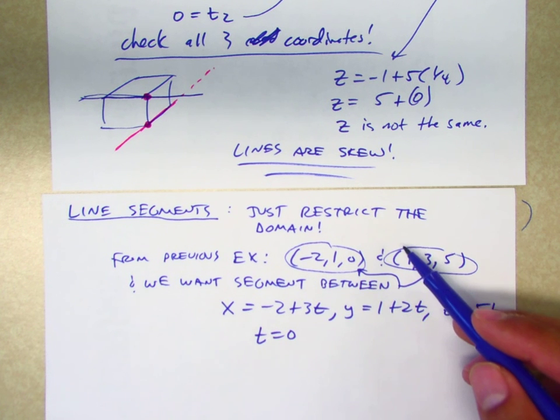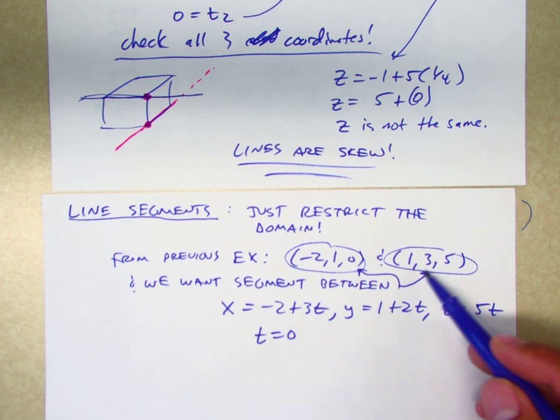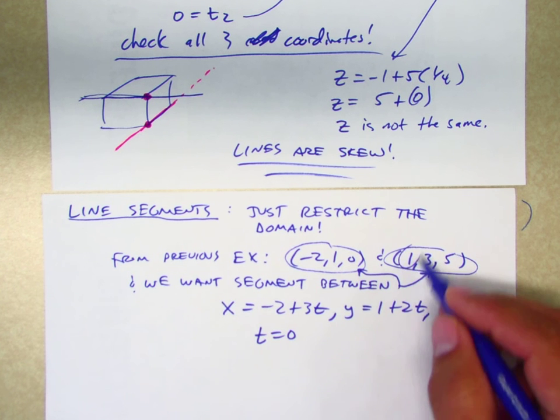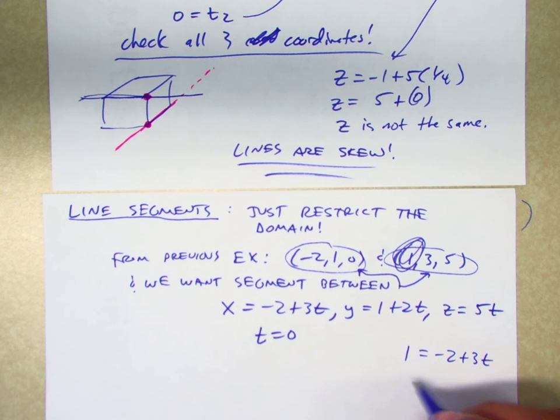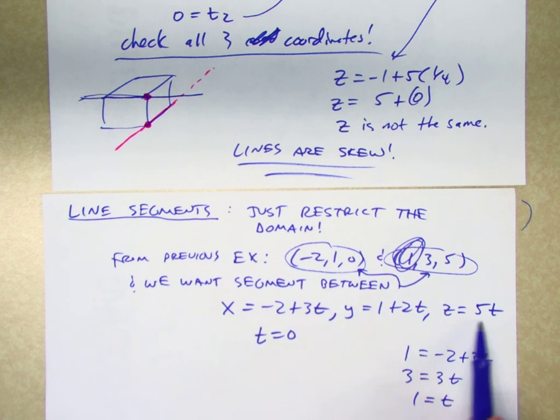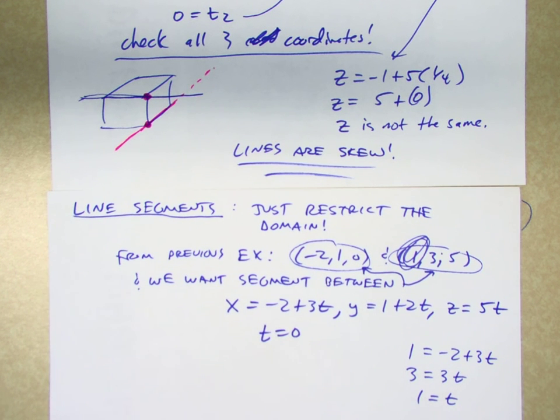The second point, maybe not quite as easy, but we can do the same thing. Just take one of them. Let's take 1. We know 1 has to equal -2 plus 3t. That's actually pretty straightforward, and here we get t equals 1. You can verify, if you plug 1 in, do I actually get the second point? And you will. So now we've figured out between 0 and 1 is the line segment.